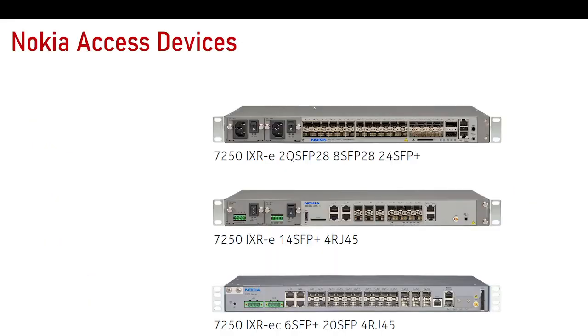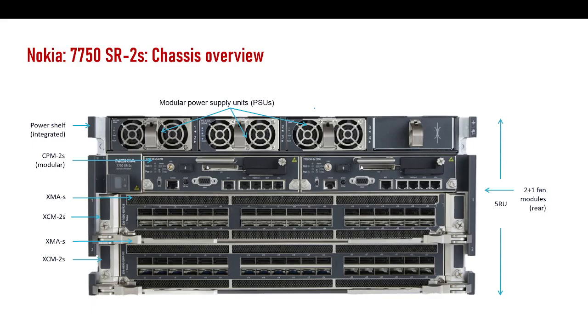When you go back to the slide for IXRs, they are just compact units, very small, 1U, small boxes, not modular. But when you come to the aggregation nodes, these are the devices that you expect to find in the aggregation, both ASG and RSGs, when you are using Nokia devices to build your IPRAN network. So this is a modular router.